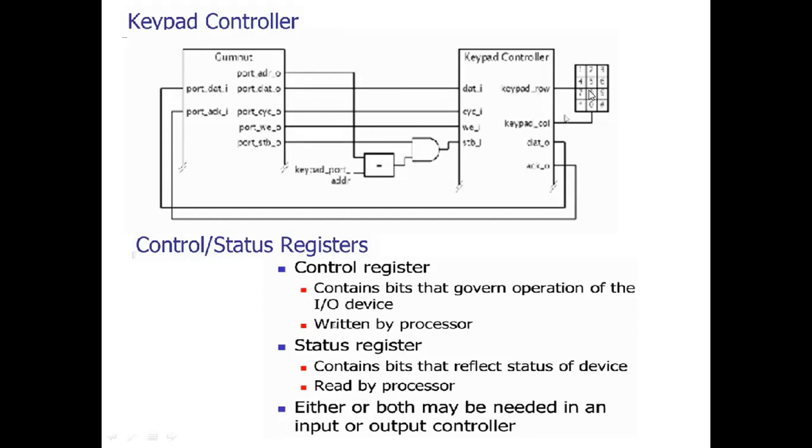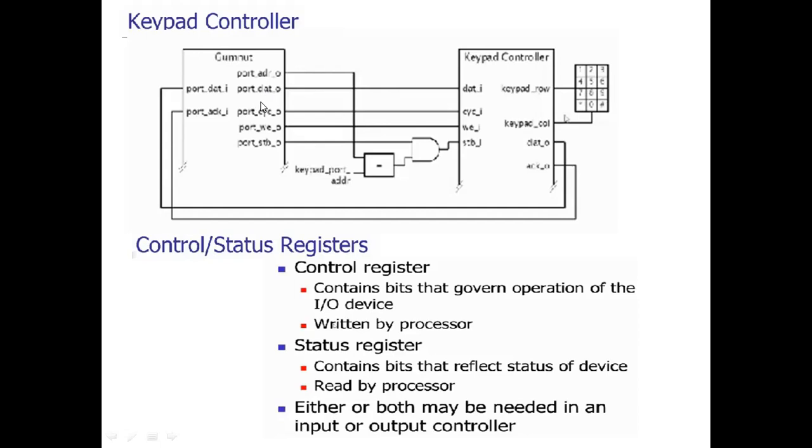For the keypad we have a keypad controller, and this gets interfaced with the gumnet processor. You can see the connection between the keypad and the keypad controller, and between the keypad controller and the gumnet processor.